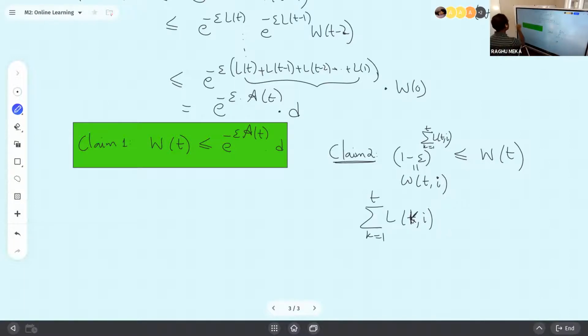Each mistake costs them 1 minus epsilon. So if they made x number of mistakes, their weight would be 1 minus epsilon raised to the power x. So this is just the performance of the ith expert until day T. Any questions about this?